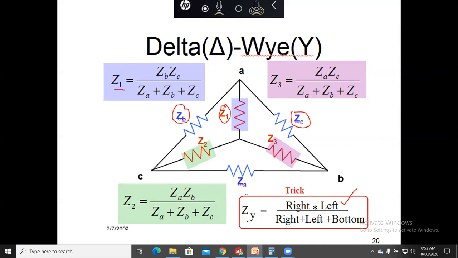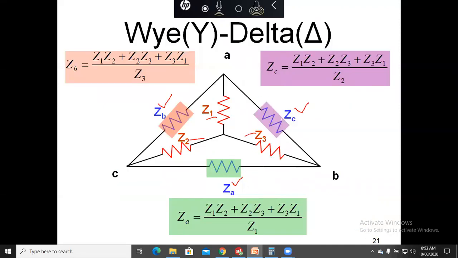So this is the way you get the value of this Z1. Similarly, you will calculate the value of Z2 and Z3, right?